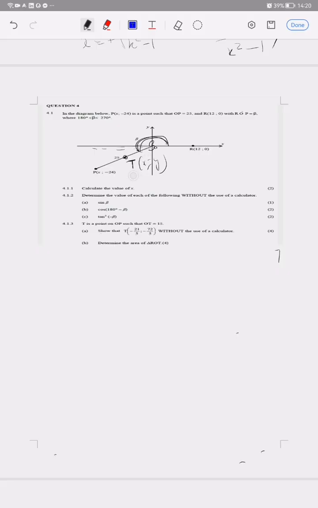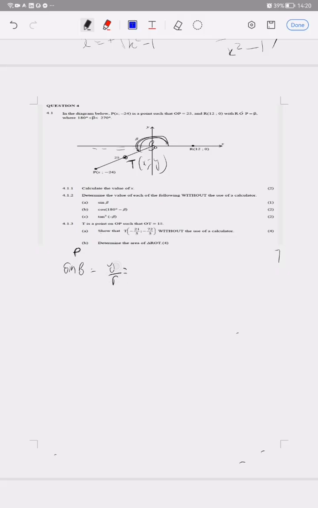They are sharing an angle. So I can just say the first one, sine of beta is equal to, using point P, a y over an r.